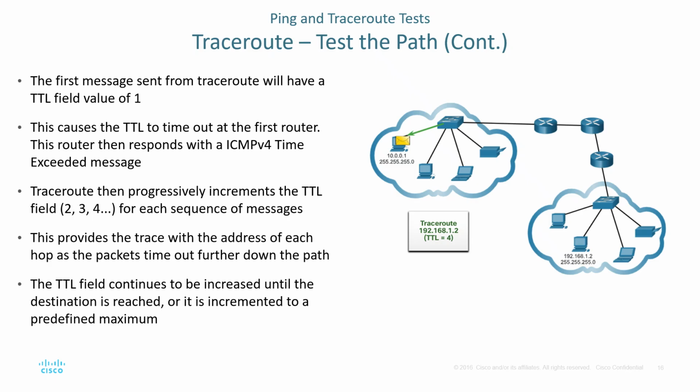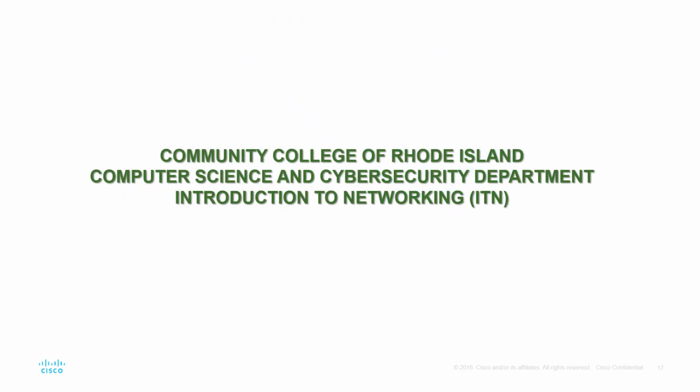Your TTL field will continue to be increased until the destination is reached or it is incremented to a predefined maximum. If it gets to 0 and there is nothing else left, it will be dropped. So that is a little bit about ICMP.